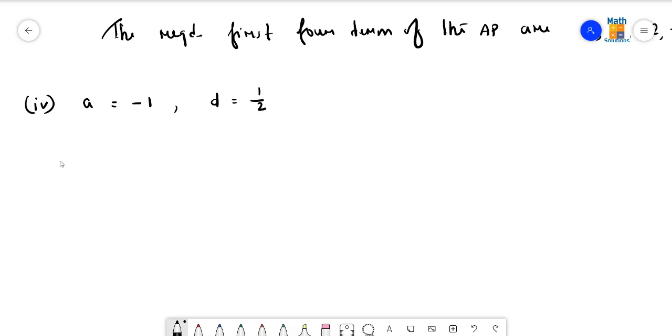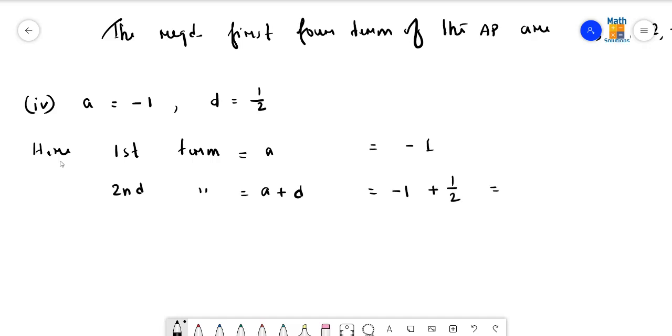So what do I get here? Here the first term A is equal to minus 1. So the second term will of course be A plus D, and I can write here minus 1 plus half. The result will ultimately be minus half.